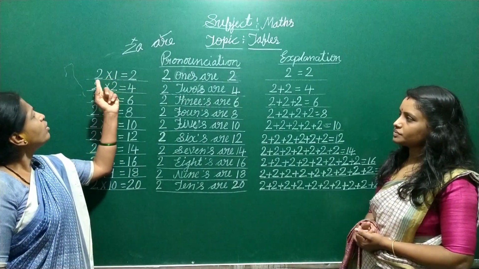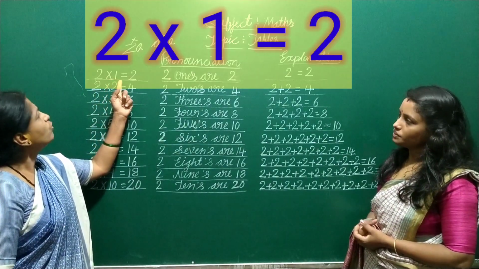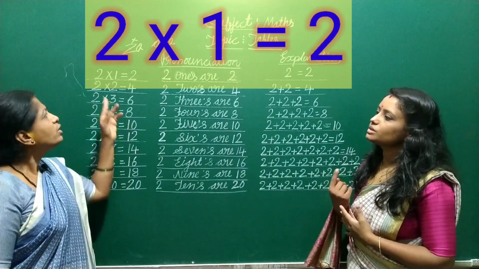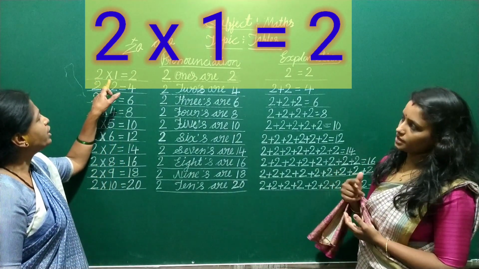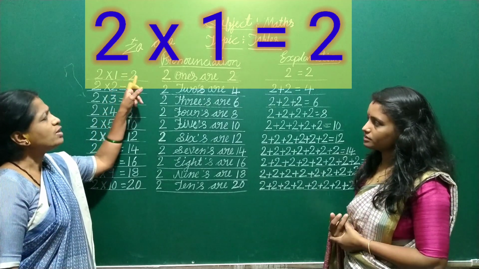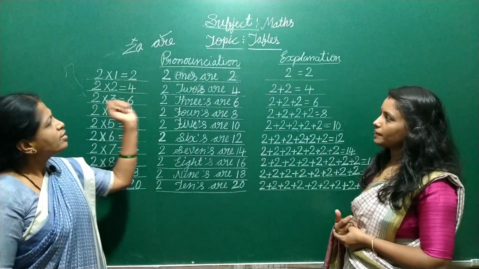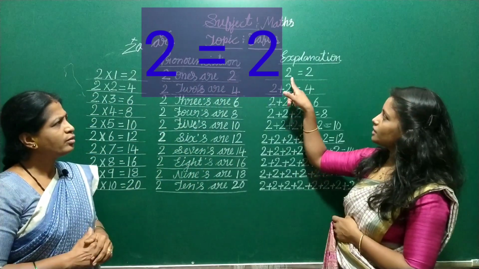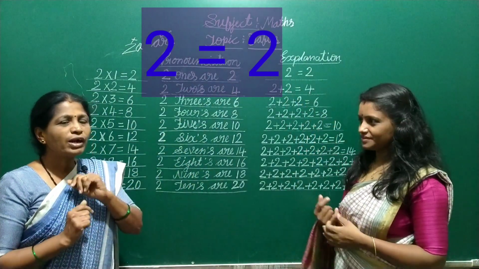See here, 2 into 1 equals 2. How many 2's are there here? Only one 2 is there.